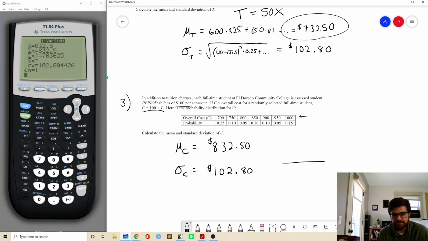Right, if you think about this algebraically, let's say we have some distribution here. Our example here is not normal, but let's say we had some example distribution and we added $100 to it. So it's going to be the same distribution just over here.